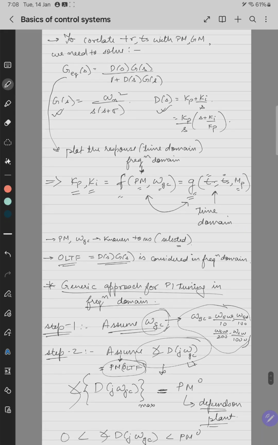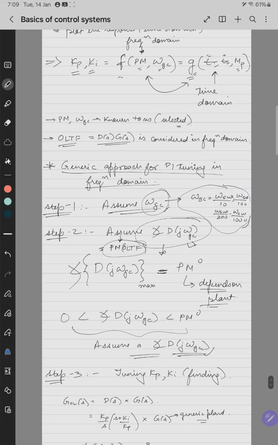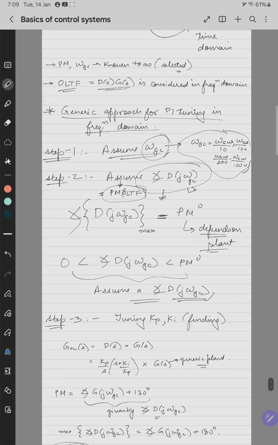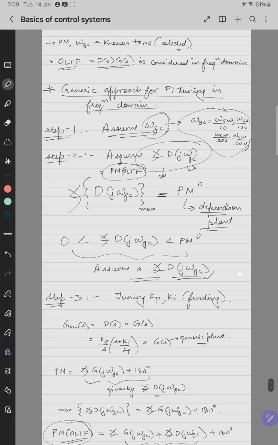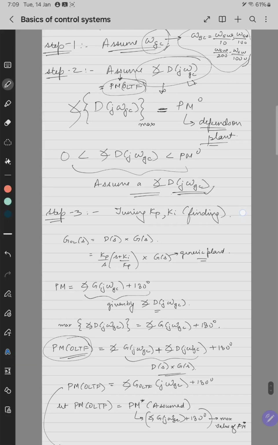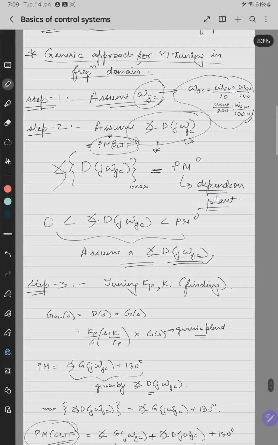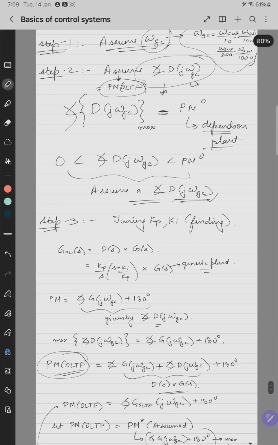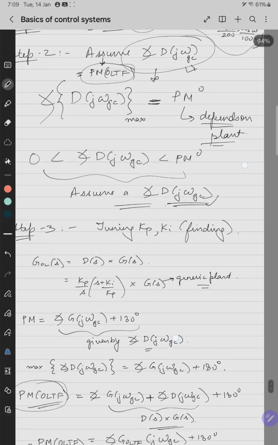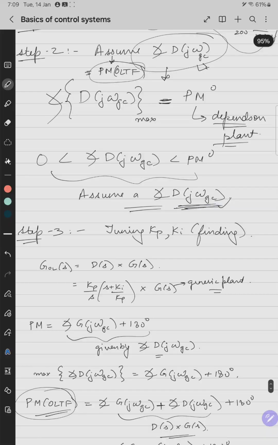Then a generic approach to tune the PI parameters for any generic order plant: we have discussed step 1 and step 2, by assuming a gain crossover frequency and assuming the maximum phase which a controller can put. The angle put by the controller is limited by the phase margin of the plant, which is nothing but the phase margin of the open loop transfer function.